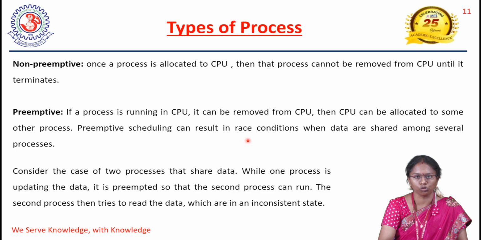It will be removed from the CPU and the CPU will be allocated to some other process. That is called a preemptive process. These are two important things to keep in mind. Non-preemptive means the process should not be interrupted at any cost. Preemptive means the process can be interrupted and the CPU can be given to some other process.